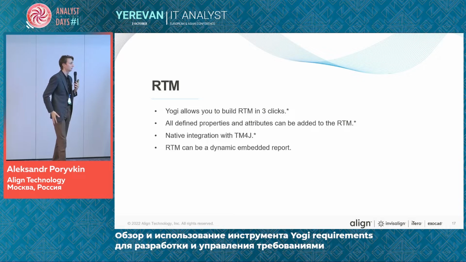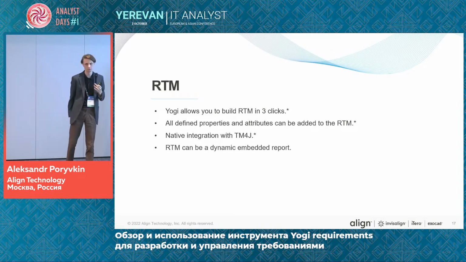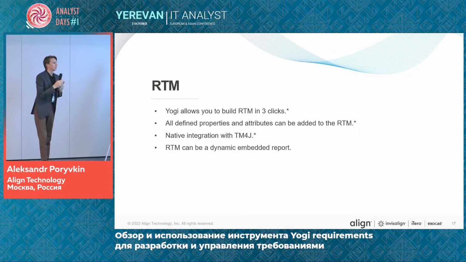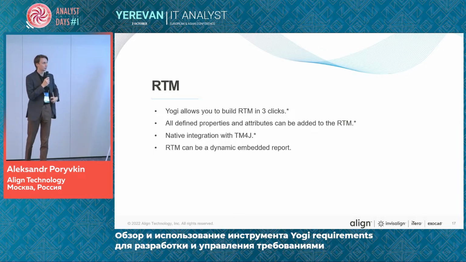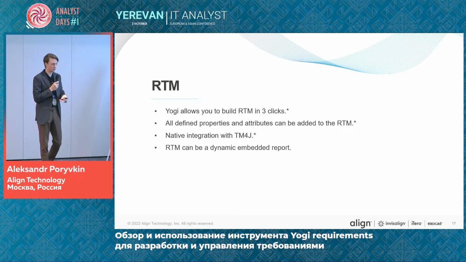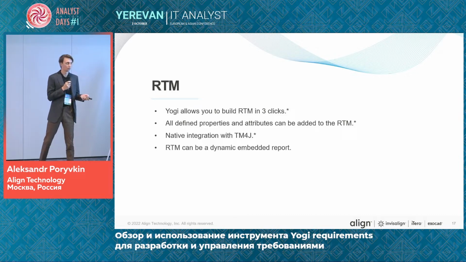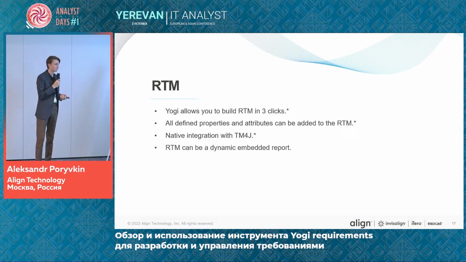As for RTM, Yogi allows you to build RTM in 3 clicks. With one caveat, it works truthfully only when prep work has been done, i.e. all business and system requirements are connected.